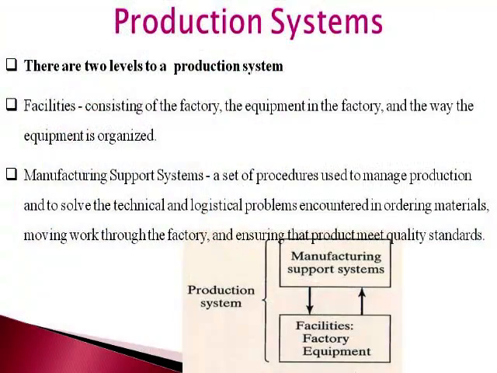We know that there are two levels to a production system. One is facilities, which consist of the factory, equipment, persons, etc. The other is the manufacturing support systems, a set of procedures used to manage production and to solve the technical and logistic problems encountered in ordering materials, moving the work through the factory, and ensuring the production meets quality demands.